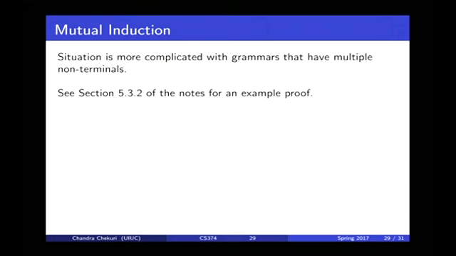If S goes to A, B, C, and B is calling S again, you can have mutual induction. Things can get very hairy. So you have to do what's called strengthening the induction, where you simultaneously have to worry about what S is generating, what A is generating, and what B is generating. That can be quite complicated, but you can see a nice example in the notes in section 5.3.2.